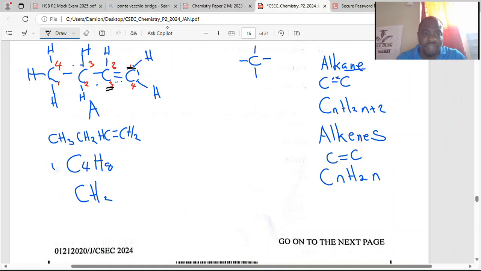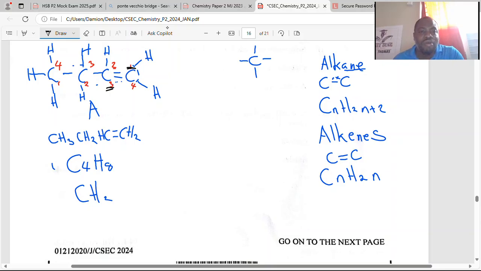And so this is very specific, guys. Why? Because sometimes they ask you, in showing reactions, in writing the name, or in drawing the structural formula for a specific compound.